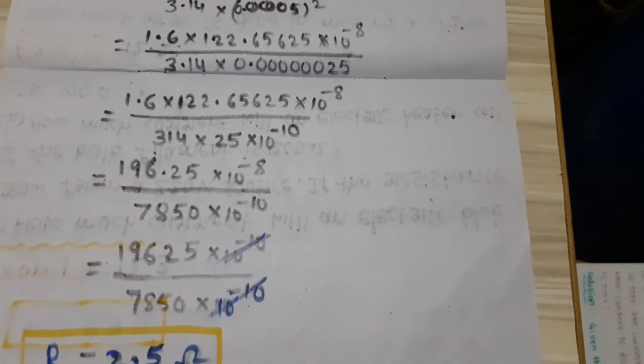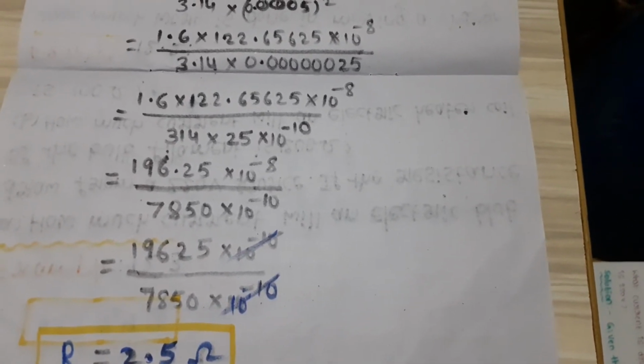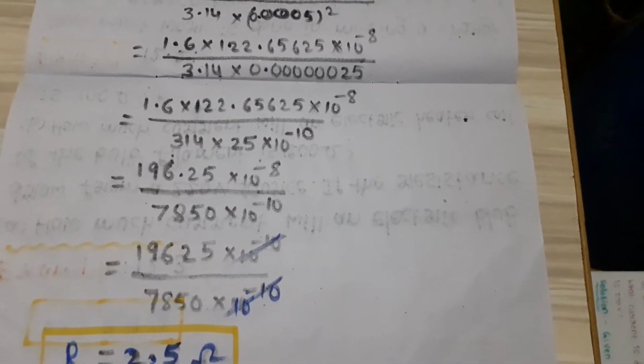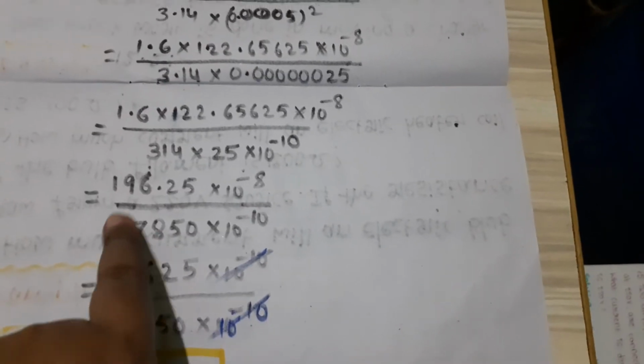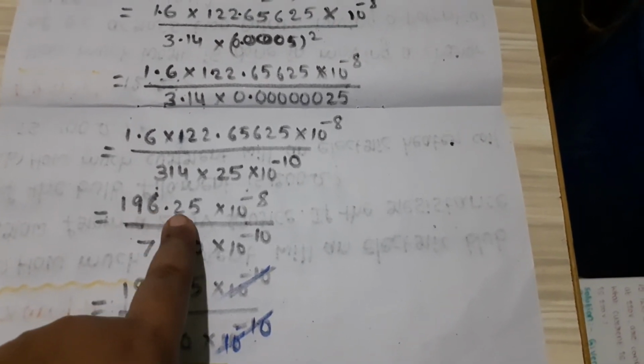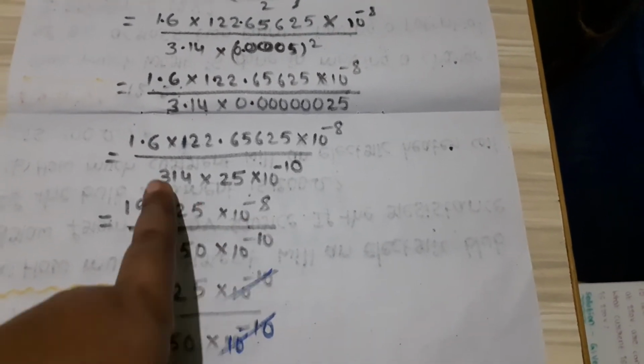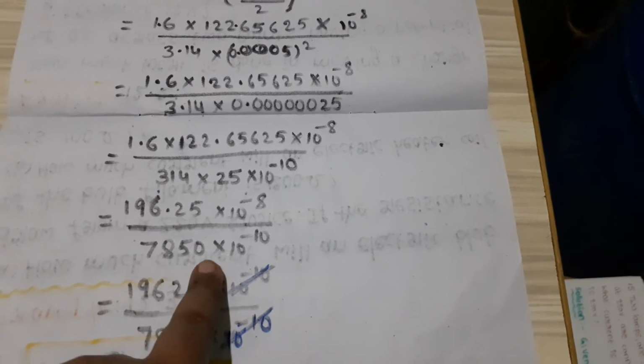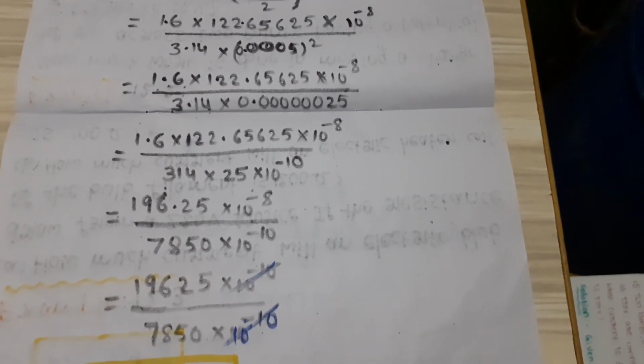On numerator 1.6 into 122.65625, its value is 196.25 into 10 to the power of minus 8. On denominator 314 into 25, its value is 7850 into 10 to the power of minus 10.